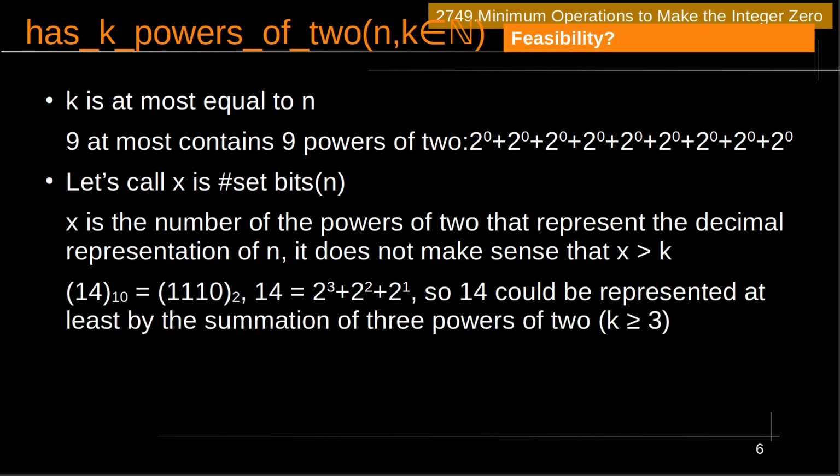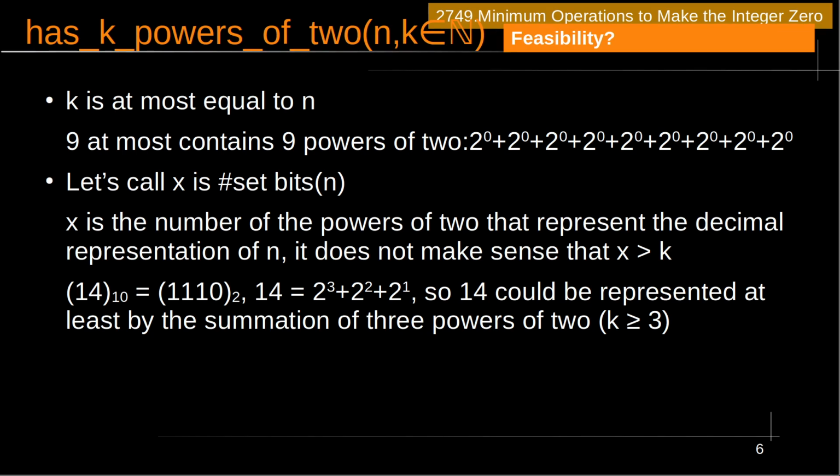Why? Let's take an example here. 14 in the decimal representation is equal to 1110 in the binary representation. This is what we have learned in school. So we can write 14 is equal to 2 power 3 plus 2 power 2 plus 2 power 1. So 14 could be represented at least by the summation of 3 powers of 2.